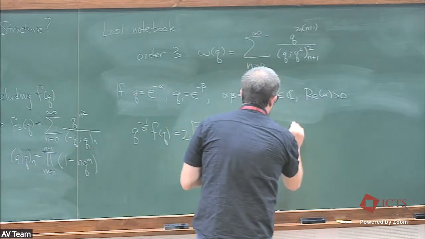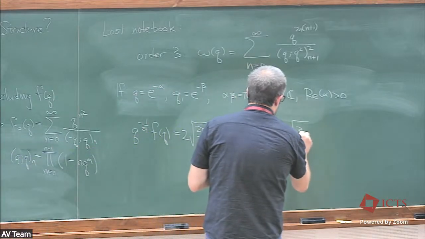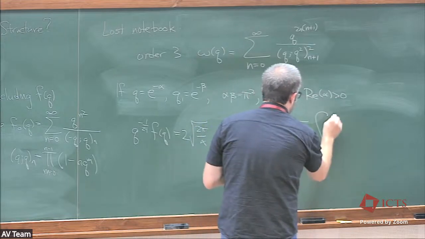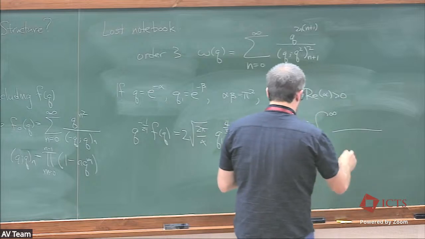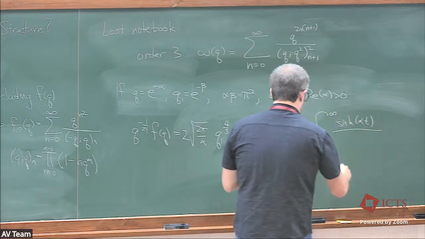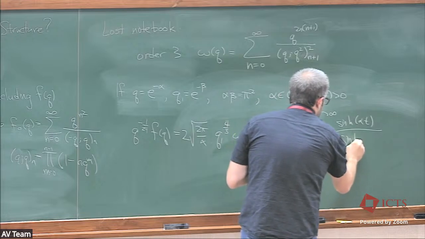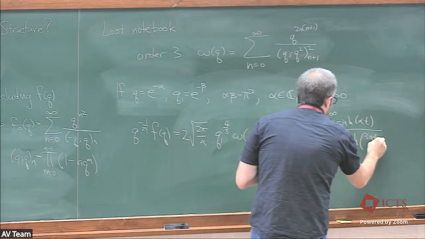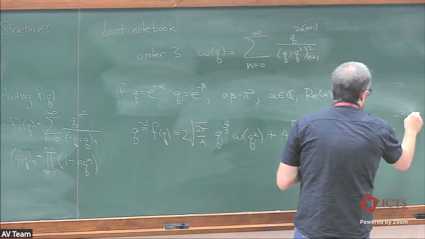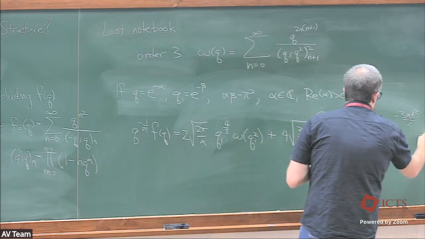It's 4 square root of 3 alpha over 2 pi, the integral from 0 to infinity of sinh of alpha t over sinh of 3 alpha t over 2, e to the minus 3 alpha t squared over 2 dt.